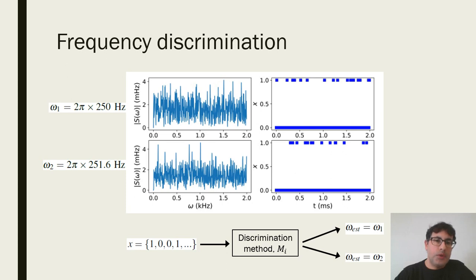On the left, we see the Fourier transform of the measurements, and we can see that we cannot discriminate between the two frequencies based on the Fourier transform alone. On the right, we see the trace of the measurement result, the bits 0s and 1s. And we can see that we have mostly zeros. This is because of low detection efficiency, and this is an experiment where the SNR is very low.